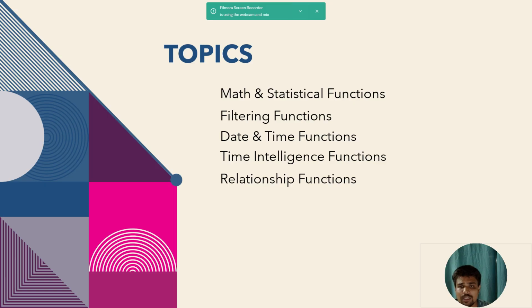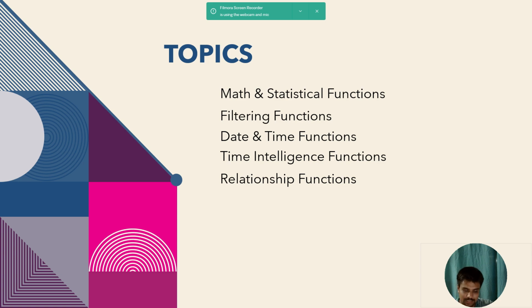The fifth is our relationship functions. This relationship function helps you to create a relationship. In the back end, in DAX modeling, you create relationships: 1 to 1, 1 to many, many to many, and many to 1.